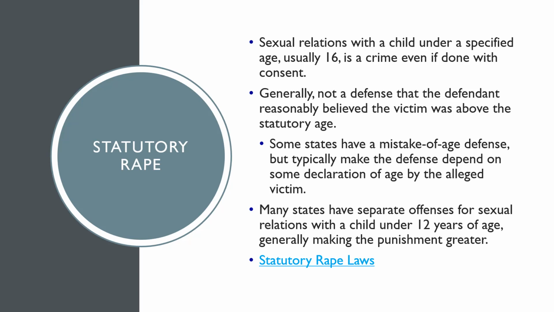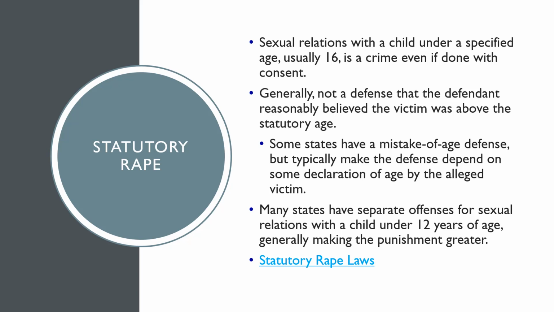Of course, many states make it worse if the child is even younger than 16. So we'll say, okay, from 12 to 16 is second-degree statutory rape, and under the age of 12, it's even worse.